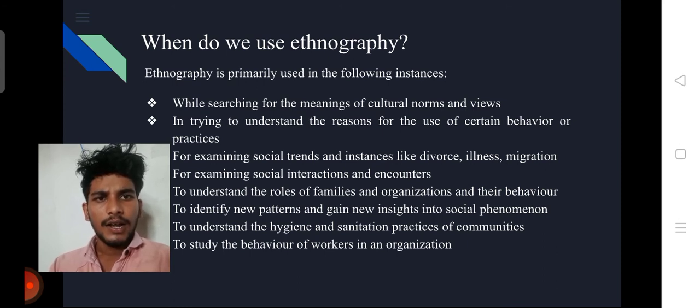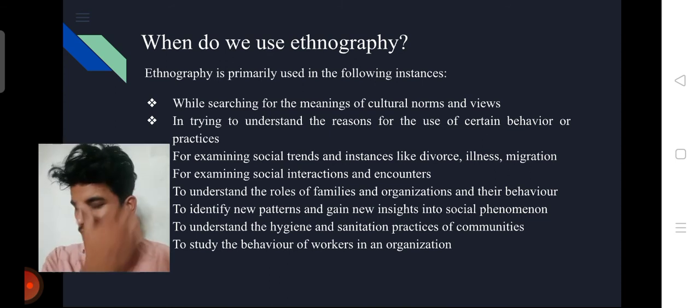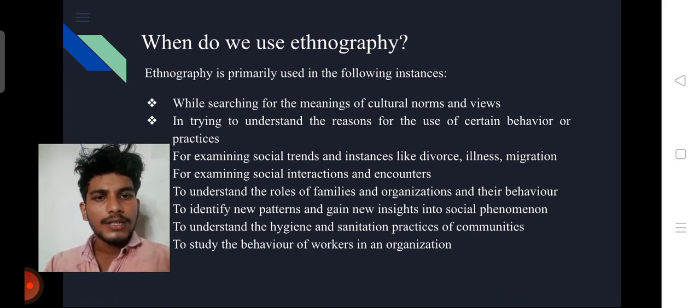It helps in examining social trends and instances like divorce, illness, migration, and social interactions and encounters faced by participants in a particular community or culture. It helps in understanding the roles of families and organizations and their behavior, and it helps to understand new patterns and gain new insights in social phenomena.